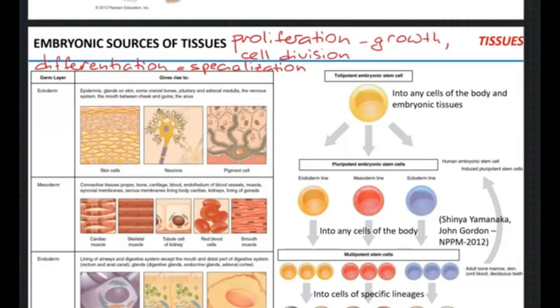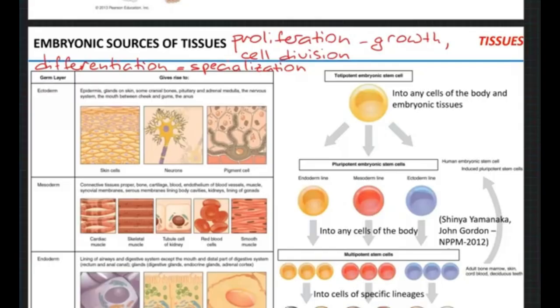Some of you go into dental hygiene, whatever. When you go through a nursing program, you will eventually become a nurse that focuses on a particular specialty. Pediatric nurse, geriatric nurse, medical surgical nurse. Does that idea make sense? When you become specialized, you differentiate. Cells can become more specialized, and this process is differentiation.